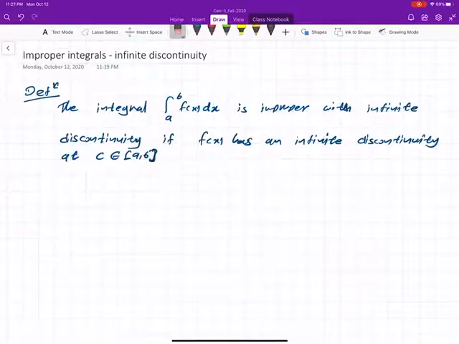That means there's a point in this interval where the function f of x is discontinuous.